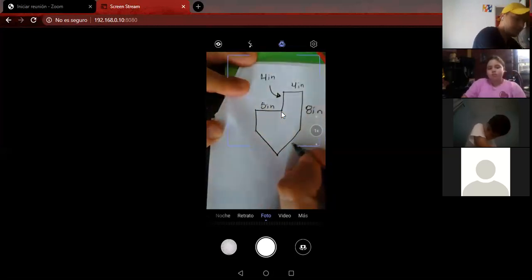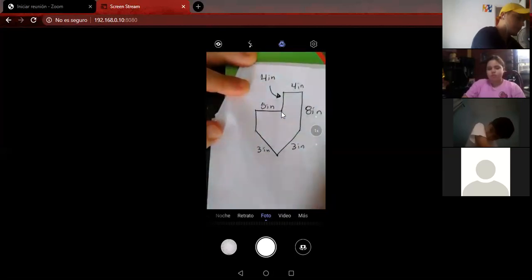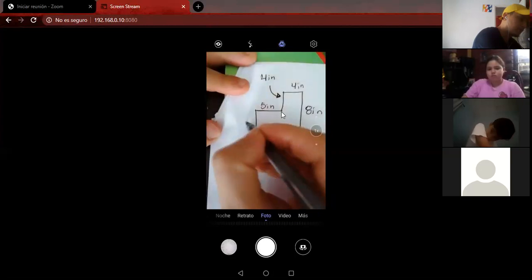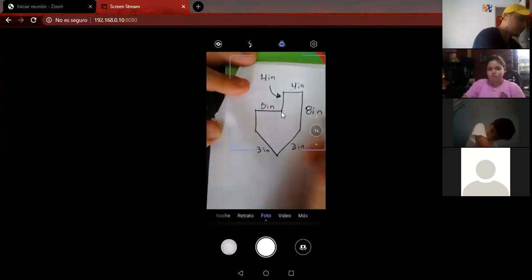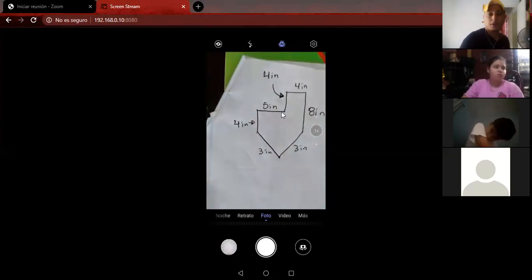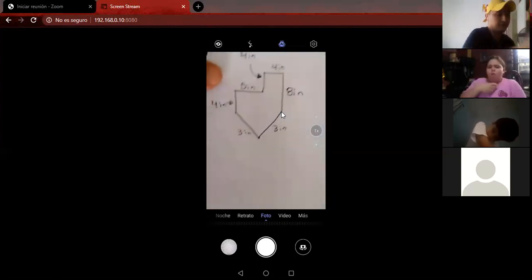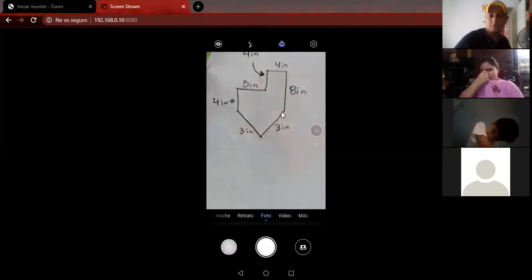Okay, this is 3 inches, 3 inches. And vamos a darle este también que es 4 inches. Okay, so I need to find my area for this, esta figura conjunta.